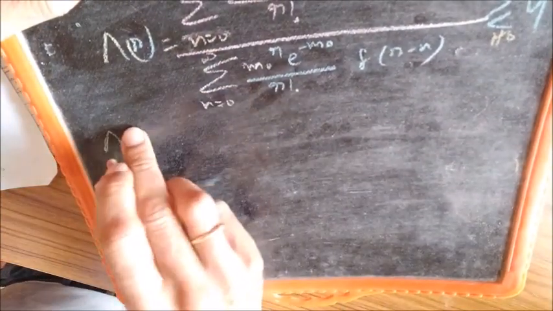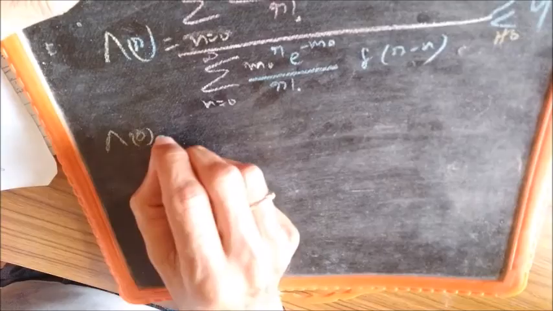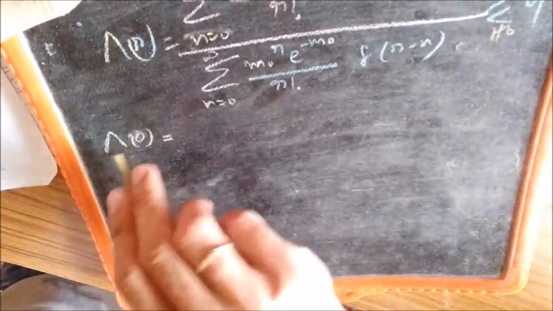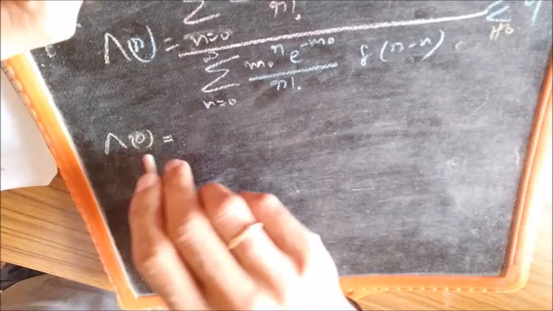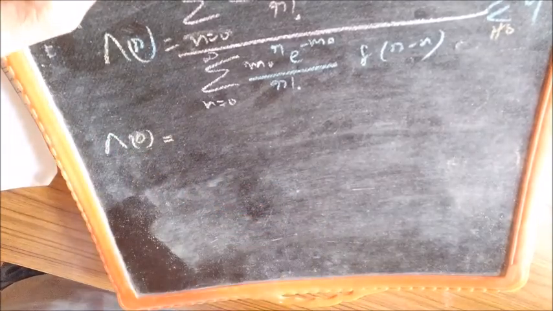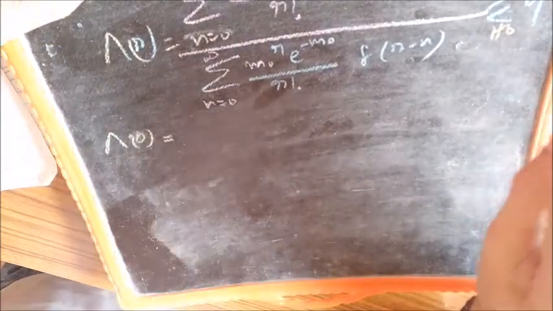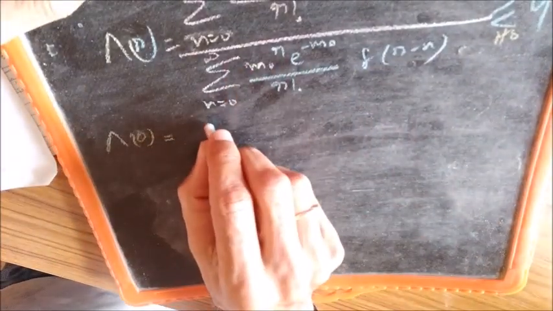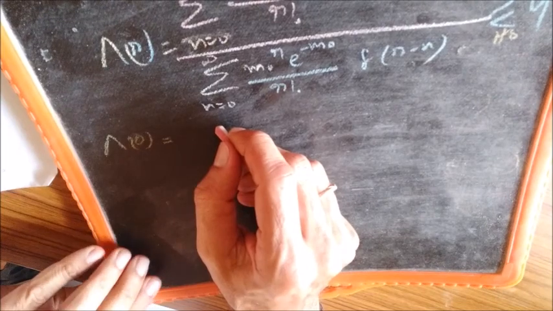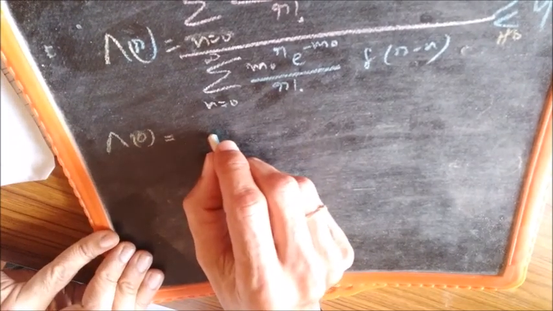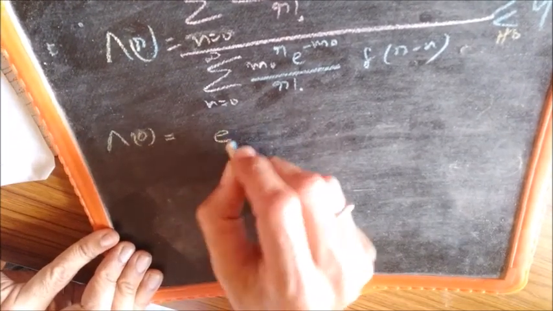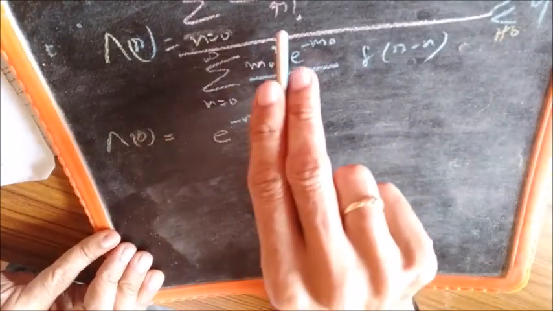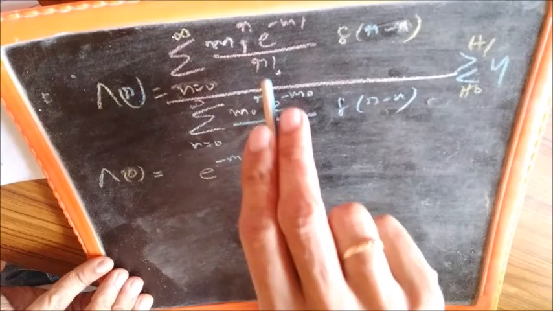So now if I try to find out gamma 0, capital lambda 0, I'm sorry, it's not gamma, capital lambda. Somehow I keep making that mistake. So capital lambda 0, if you write it down, you can see that it is equal to e raised to minus m1. So remember, you are just going to put r0 here.